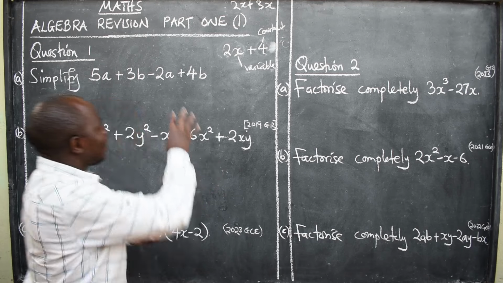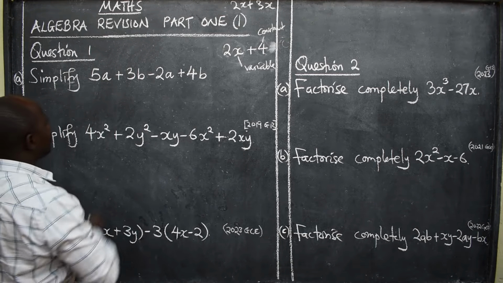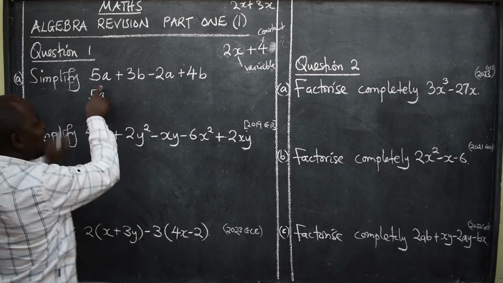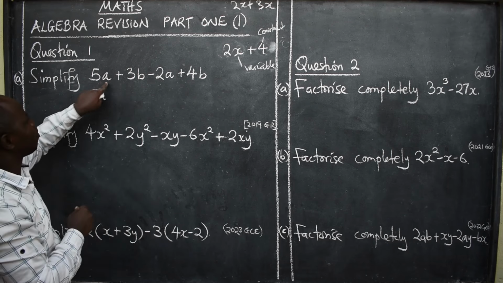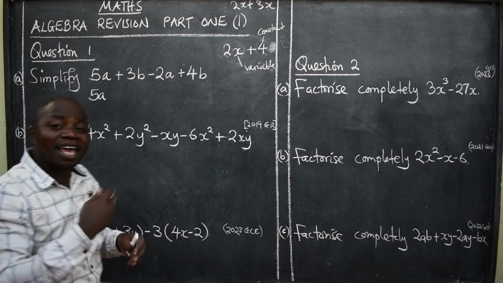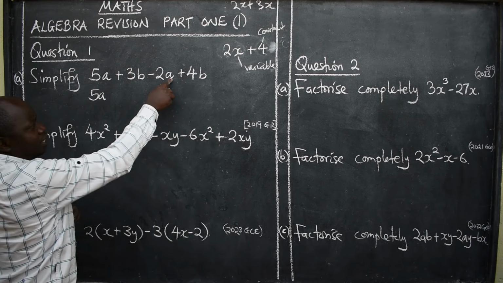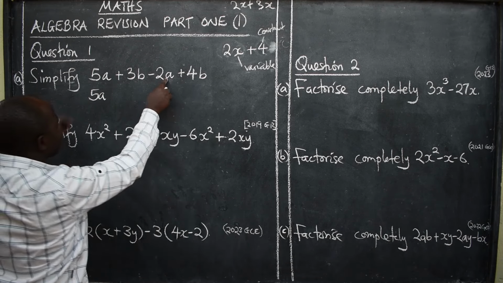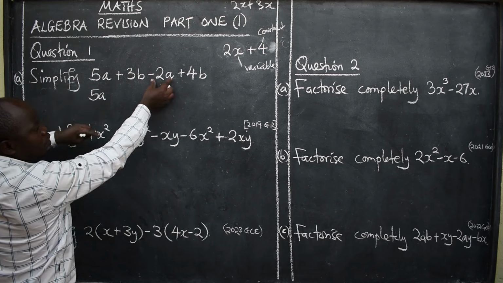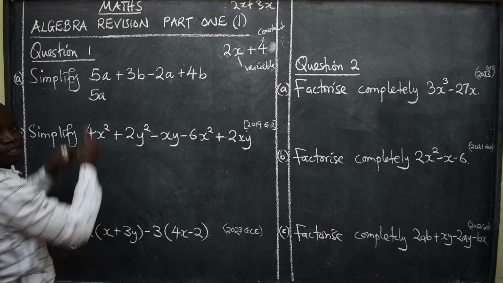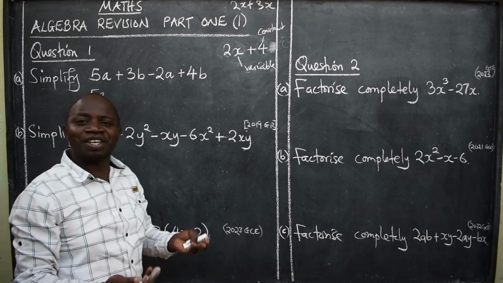So let's start now identifying like terms. We have 5a. Do we have another term that has got a? That is what I mean by like terms. You start checking. It is here. So these are like terms. I'm going to bring this closer to this because I would say they're twins.